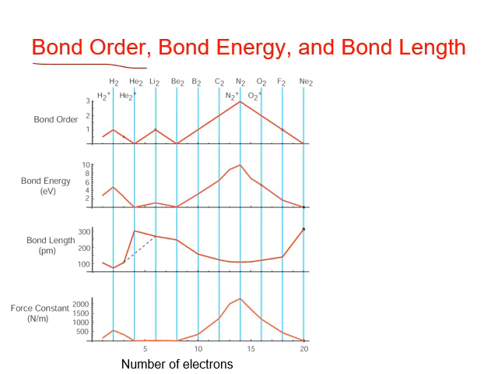Bond order is a theoretical concept that can be calculated. How is this related to experimental data such as bond energy and bond length?